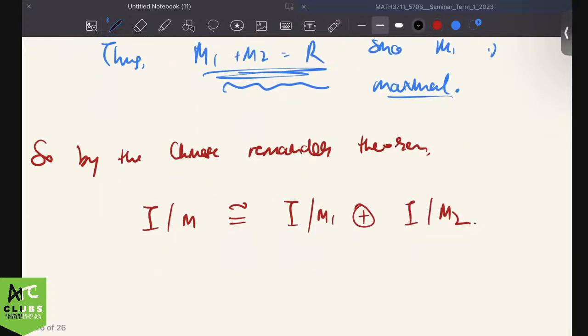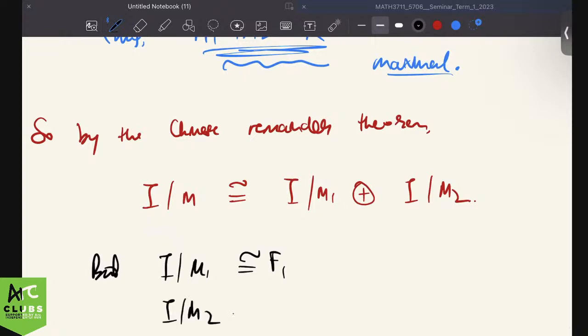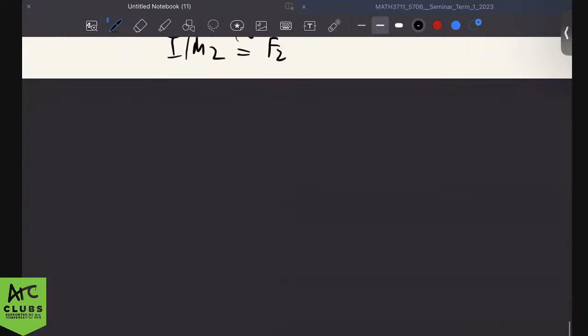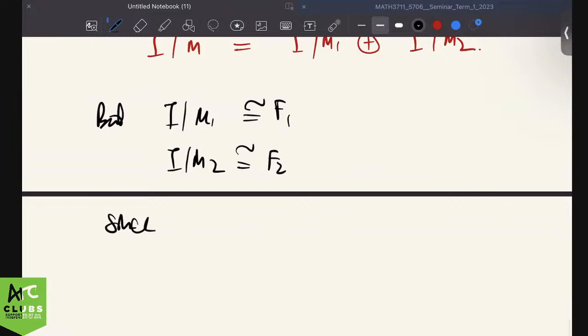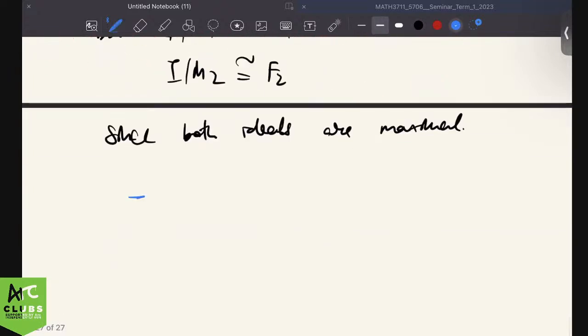But we know that I on M1 is isomorphic to a field, and so is this one, since both ideals are maximal. And so combining that all together, we know that I quotiented over M is isomorphic to the direct sum of two fields.